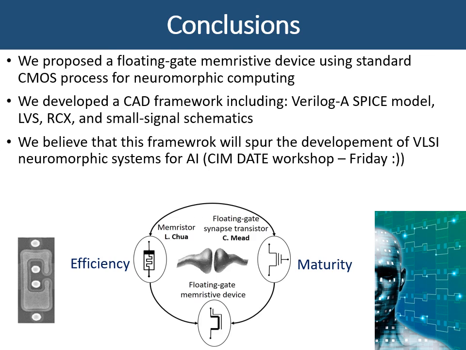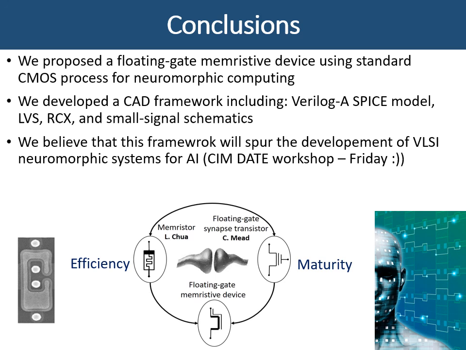To conclude this talk, we saw that floating gate synapse transistors are being reconsidered due to their technological maturity, while memristive technologies are immature for commercialization and promising for the future. Aiming to bridge the gap between the technological maturity of floating gate transistors and the computational efficiency of memristive devices, we proposed a 2-terminal floating gate memristive device in a standard commercial CMOS process and showed promising properties for neuromorphic computing.